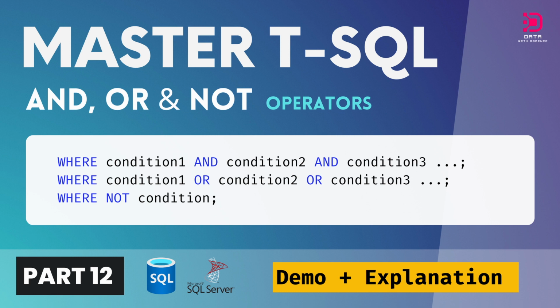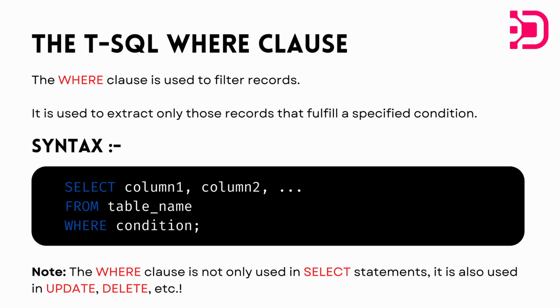So basically what the where clause did, just jumping back to the last video, was that it allowed us to specify a condition using which we could extract specific data. So we specified a condition and the SQL Server engine would extract only the data which met that specific condition.